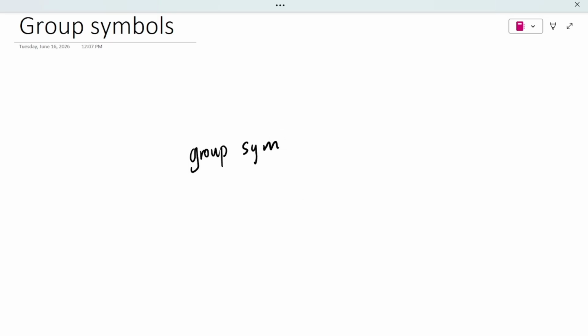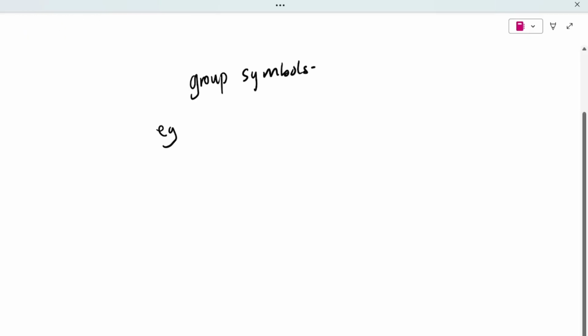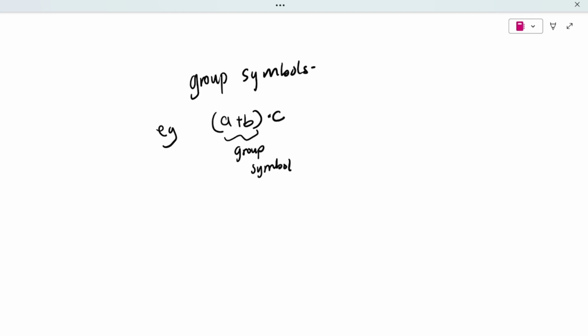Group symbols are devices which involve a pair of parentheses used to enclose an expression that can be simplified first. So when we talk about group symbols, we mean, for example, (A plus B) times C. All of it is a group symbol because it has a pair of parentheses.